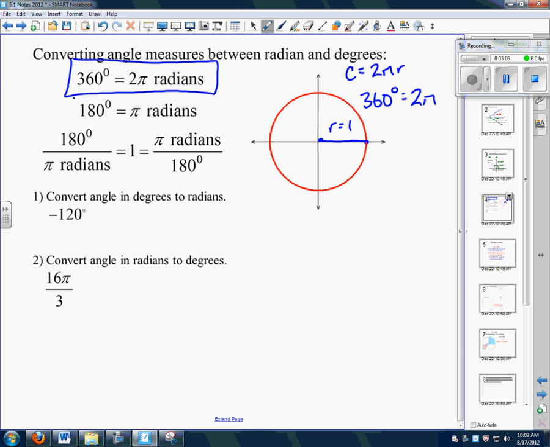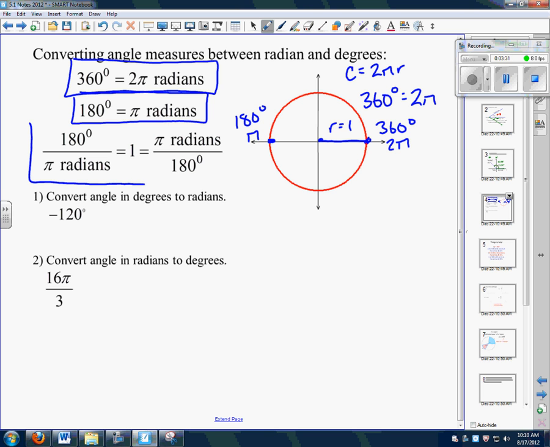So then the ratio in a simplified form is there's 180 degrees in pi radians. So this point right here is 180 degrees or pi. This point over here is 360 degrees or 2 pi. Okay, so there's our conversion.